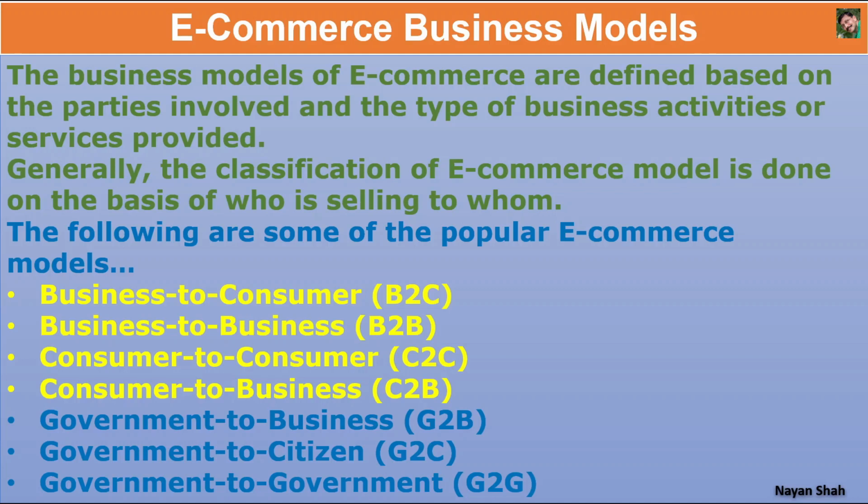Now, if we consider government also as part of e-commerce activity, as part of e-governance, then there are another three models: government to business, G2B, government to citizen, G2C, and government to government, G2G. Let us see all these models in detail.